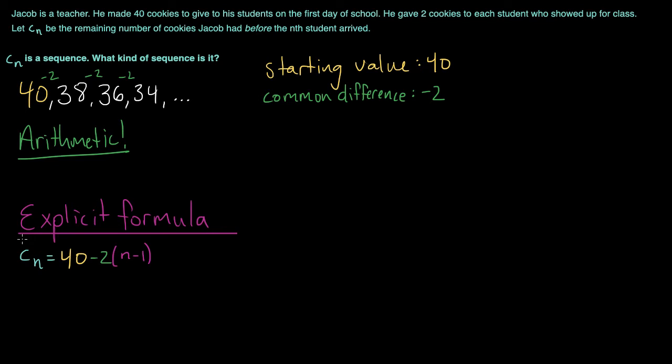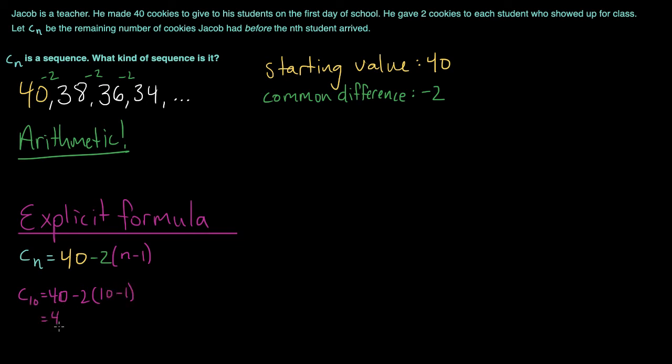So this is the explicit formula for the sequence, and we could use this explicit formula to find out what, say, the 10th term in the sequence was. So in other words, how many cookies Jacob had before the 10th student arrived. So let's write that out. We have C sub 10, and that will be equal to 40 subtract 2 times, we have n is equal to 10, so 10 subtract 1.